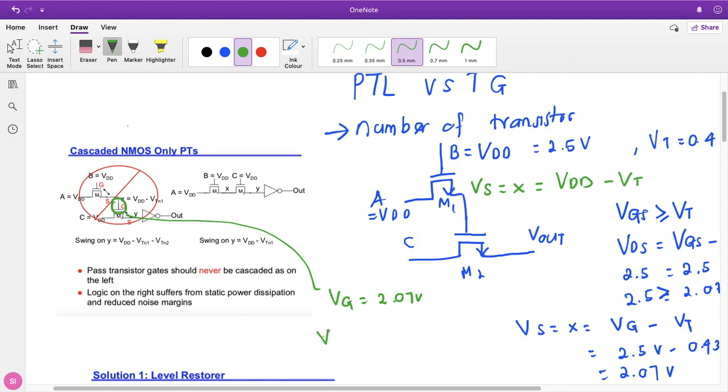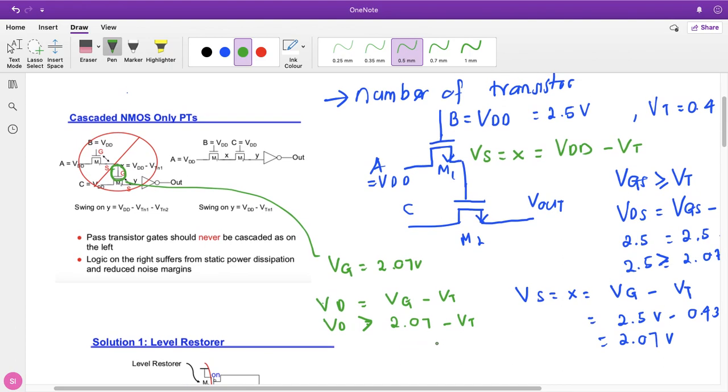So Vs is actually equal to Vg minus Vt, where Vt at the moment is 0.43 and Vg is 2.07.